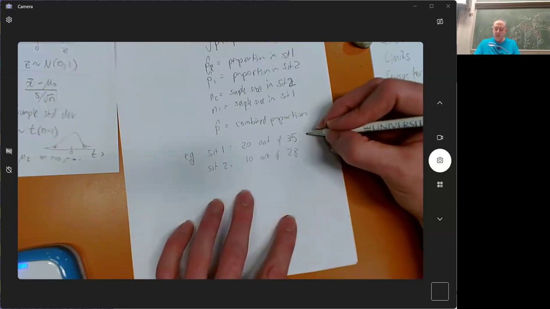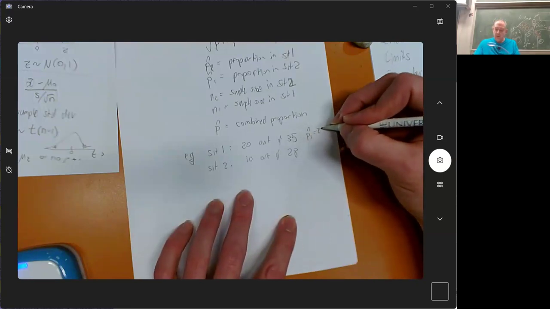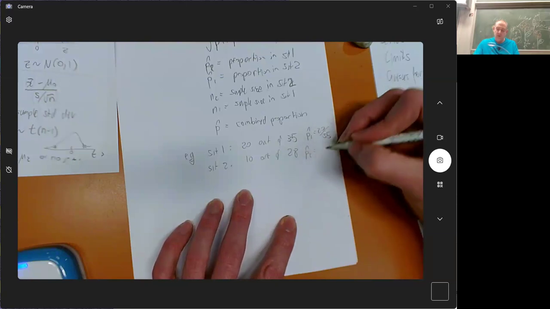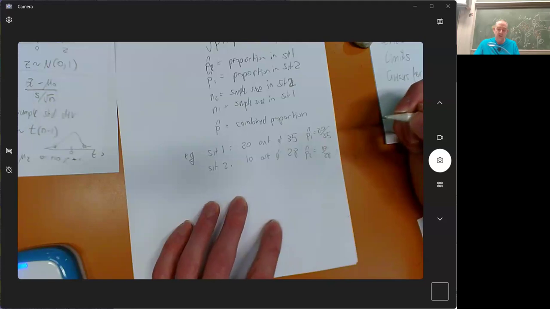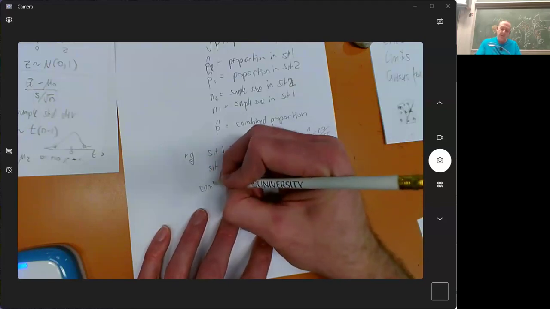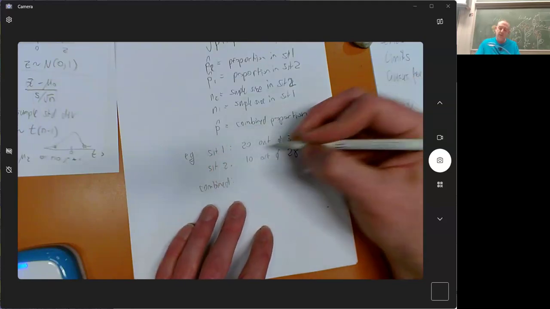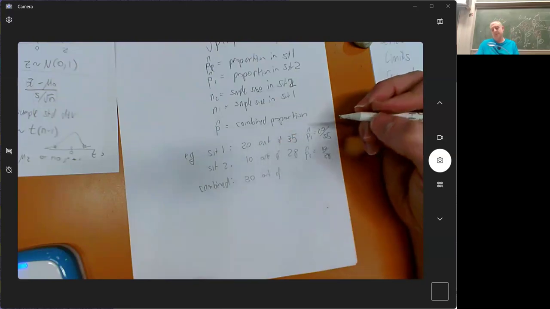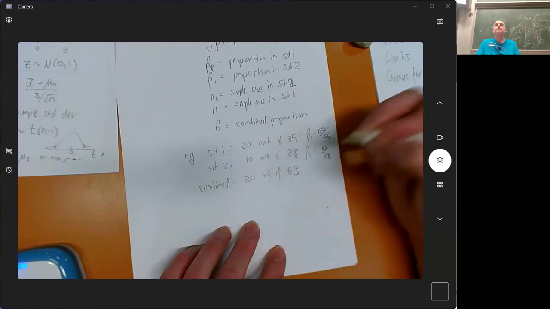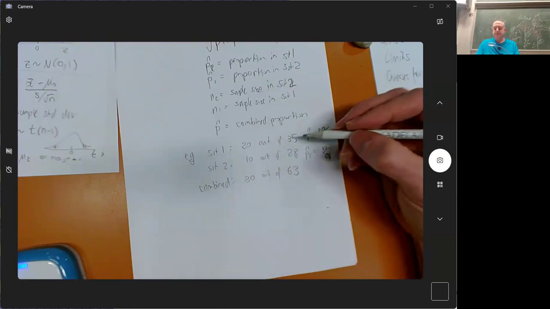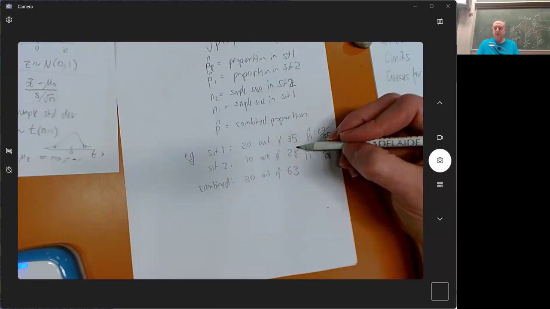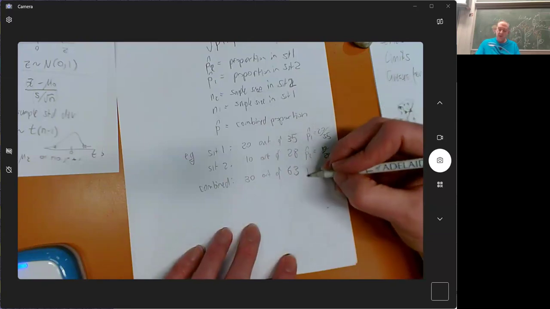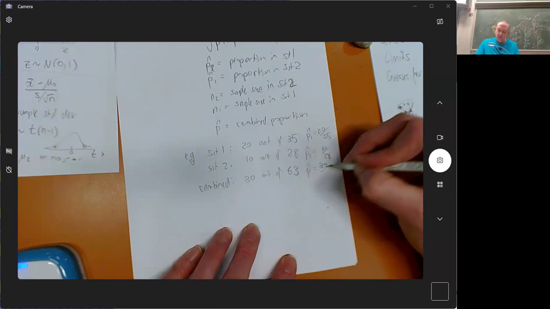And so this would mean that the P1 hat would be 20 out of 35, that fraction, and the P2 hat would be 10 out of 28, that fraction. But when you combine them into one big group, that's 30 out of 63. That's right, isn't it? So we add 30, take 2, yeah. And so the P hat is 30 out of 63.